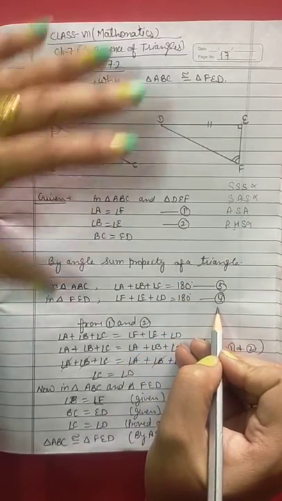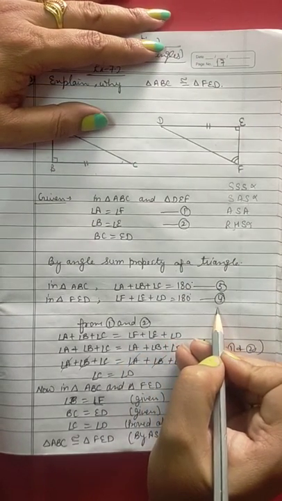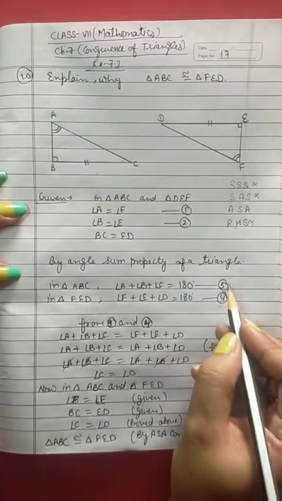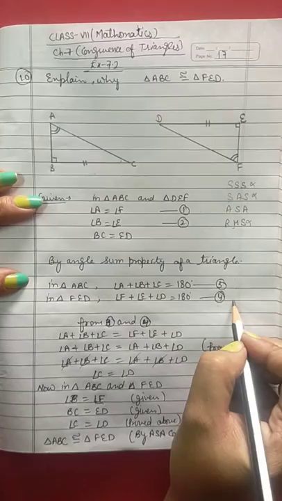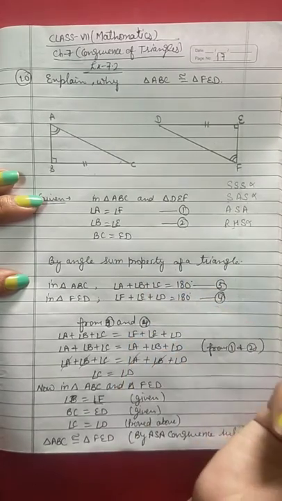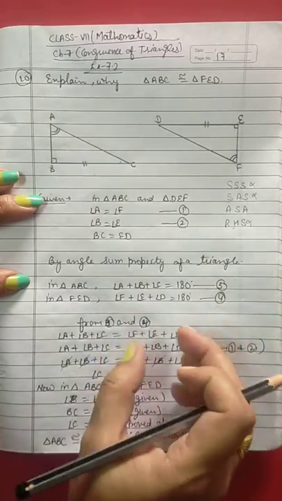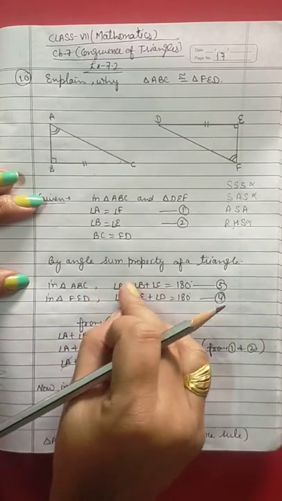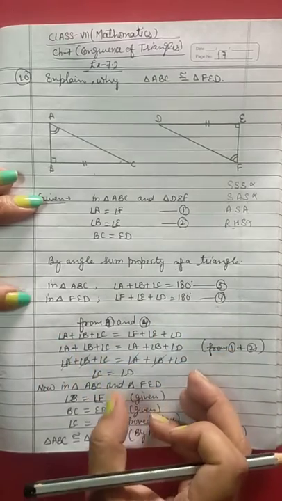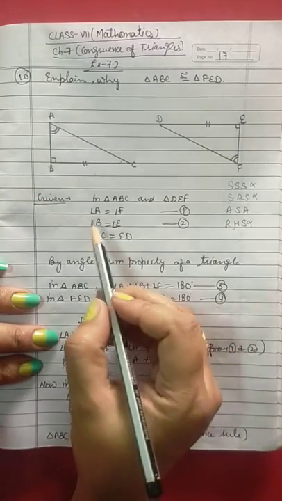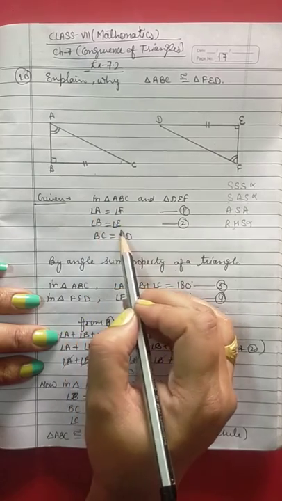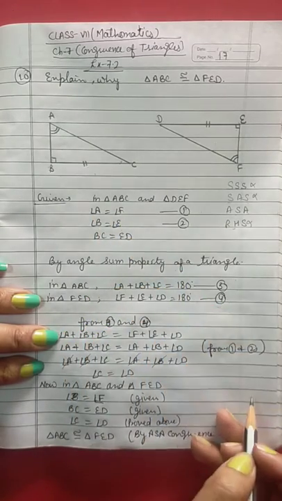So now on comparing both 3 and 4, the right hand side is already equal, so the left will be equal. We compare both: angle A plus B plus C is equal to angle F plus E plus D. After writing, as we know that angle A is equal to F and B is equal to E, we will substitute their values.